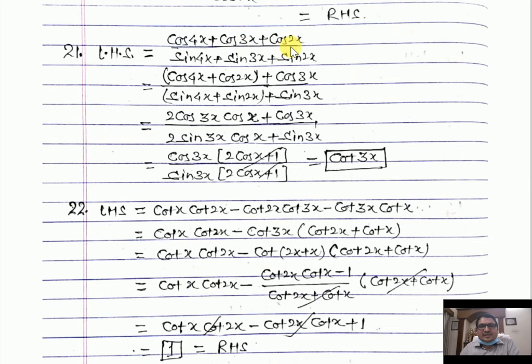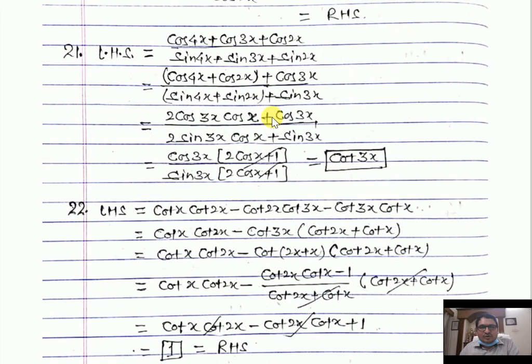If you combine 3x and 2x, you will not get a whole number after applying the formula. So I have taken cos 4x and cos 2x in the numerator, and in the denominator sin 4x and sin 2x. So cos c plus cos d is 2 cos (c plus d)/2 cos (c minus d)/2. And similarly here sin c plus sin d is 2 sin (c plus d)/2 cos (c minus d)/2.